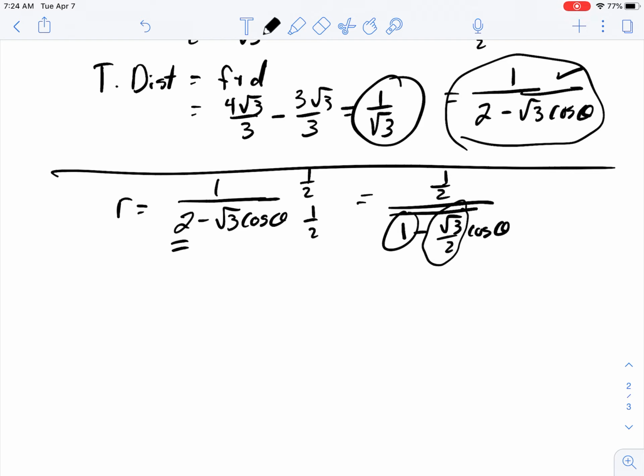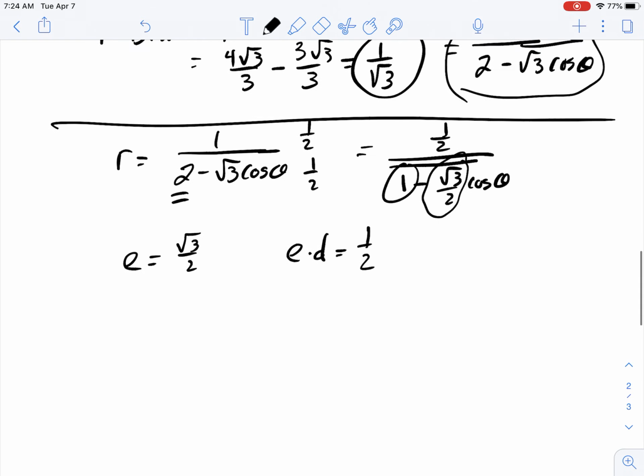I got my 1 there, which means this has to be my eccentricity, root 3 over 2. If I go E times D, that would mean this is 1/2.